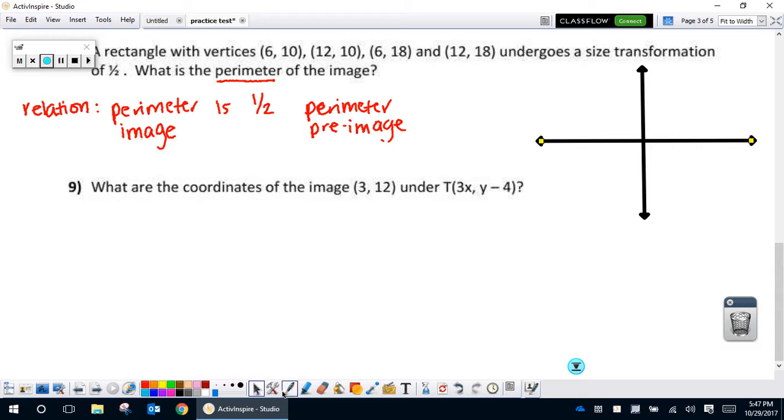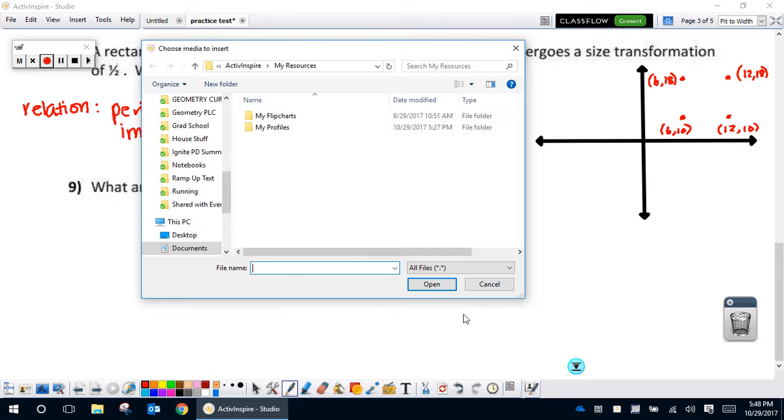Alright, and then we would know that the point (6, 10) is over 6 up 10, so let's just say it's right there. (6, 10). And then the point (12, 10) would be over a little bit more, but it would still form a nice line there. And then same with (6, 18), it would be up here. 6 up to 18. And then (12, 18). Alright, and it would make a rectangle.